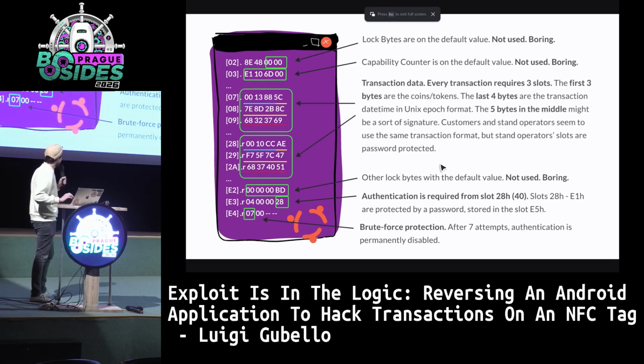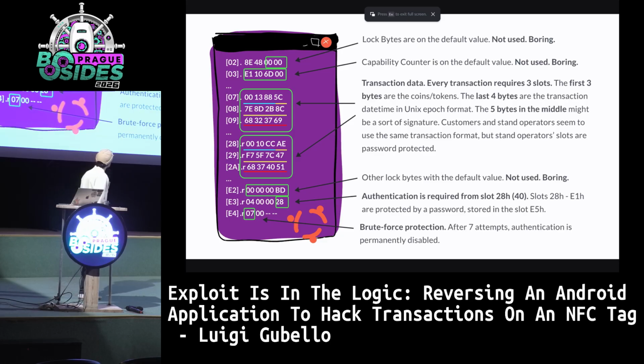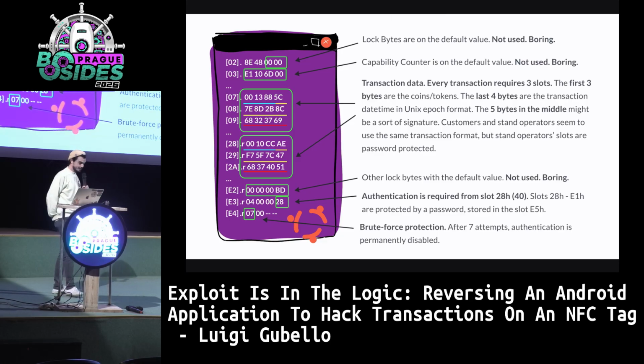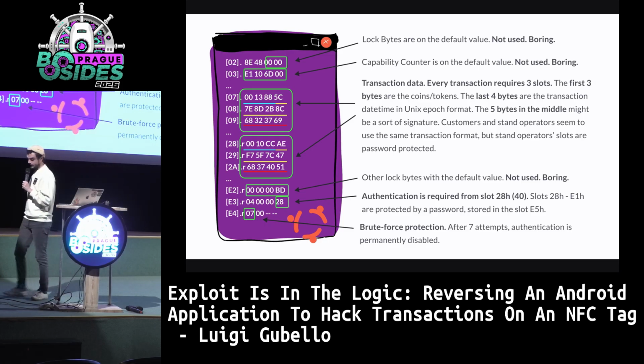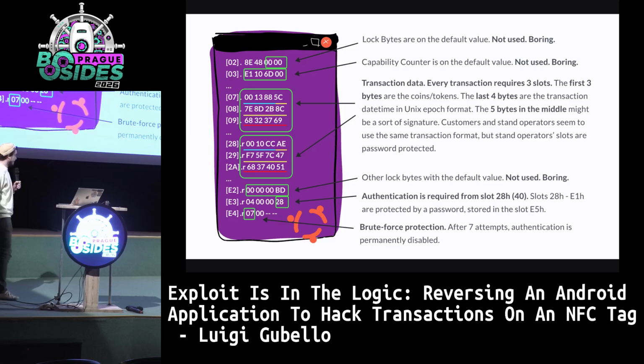Okay. The customer and the stand operator seem to use the same transaction format. They have the token, there is a signature, and there is a timestamp. But the operator can write the transaction data in a memory slot that the normal customer cannot use. Why?